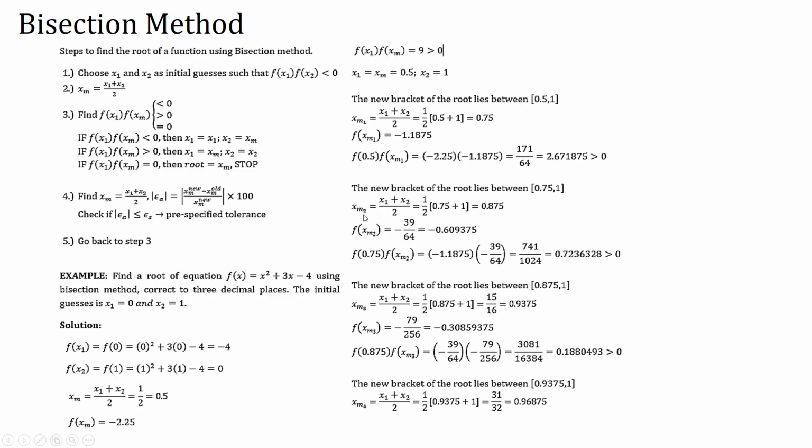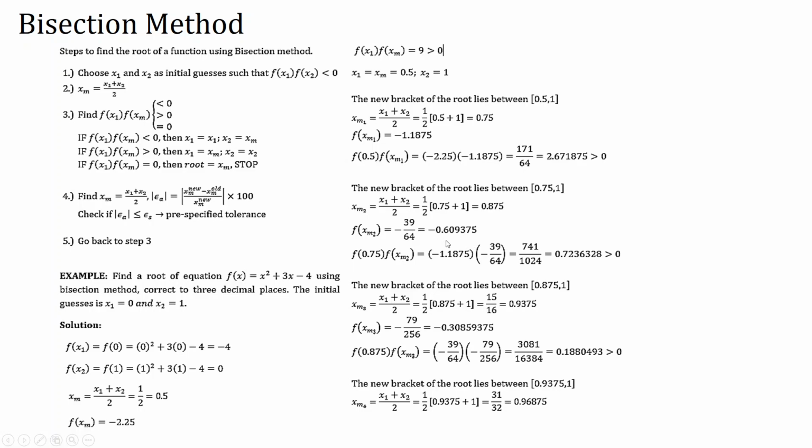So the new xm2, or the new midpoint: our x1 will now be equal to xm, which is 0.75 again, and x2 remains constant at 1. So that is 0.875. Again, you have to evaluate and substitute this 0.875 here.